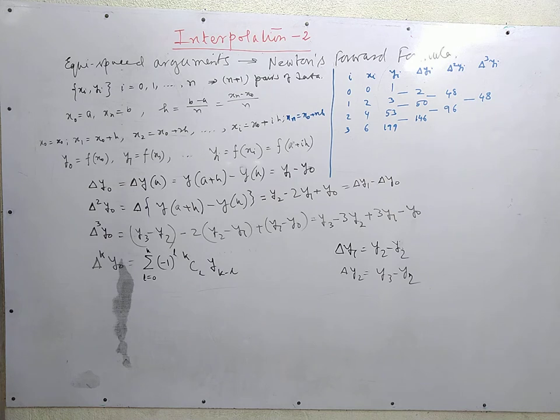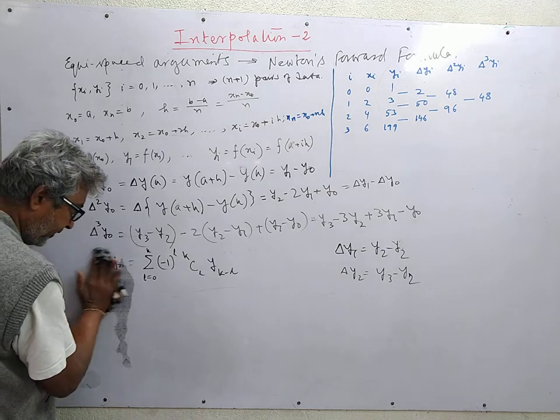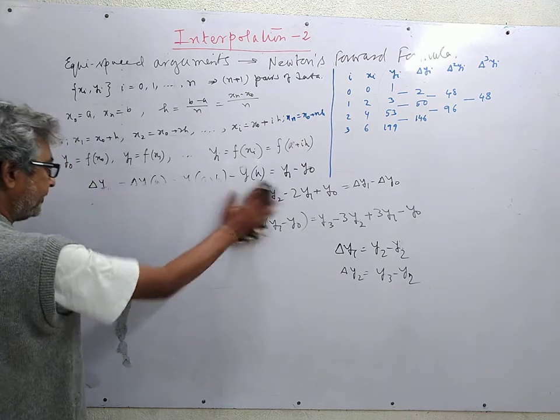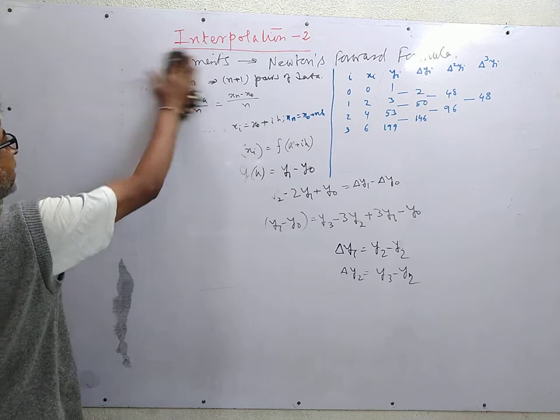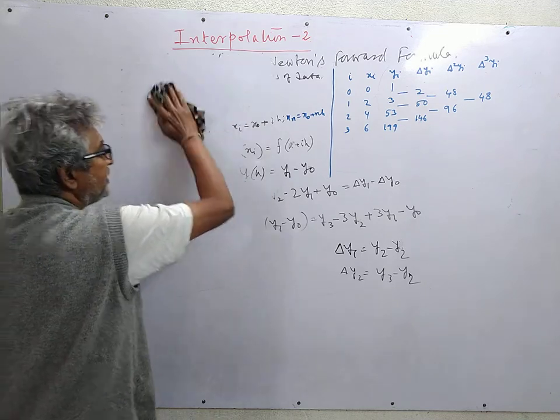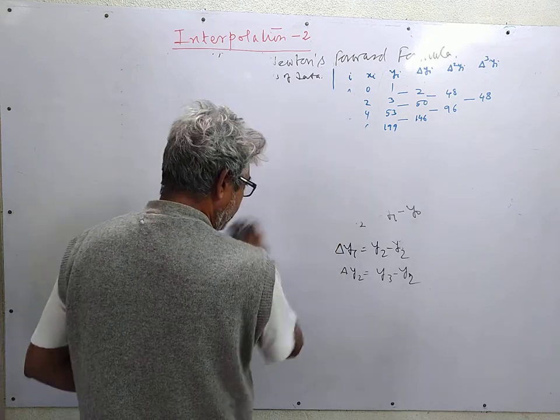Now we come to Newton's forward formula. With equispaced arguments, one interpolation formula differs from the other only by the choice of the interpolating polynomial.